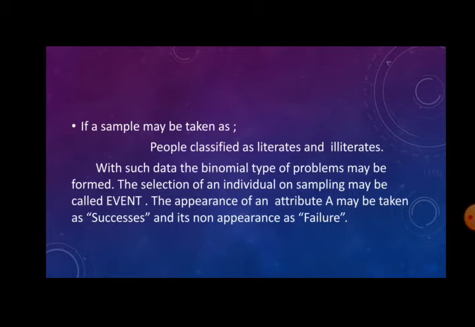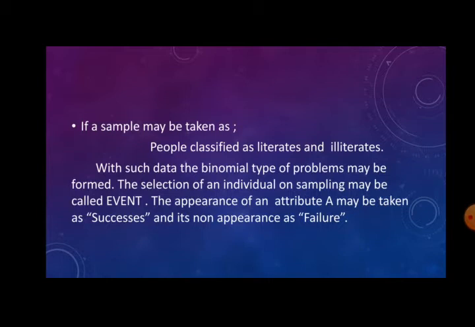The selection of an individual on sampling may be called an event. For example, here you have taken literates and illiterates, right? So when we are looking upon illiterates, that is one individual, that is one event.